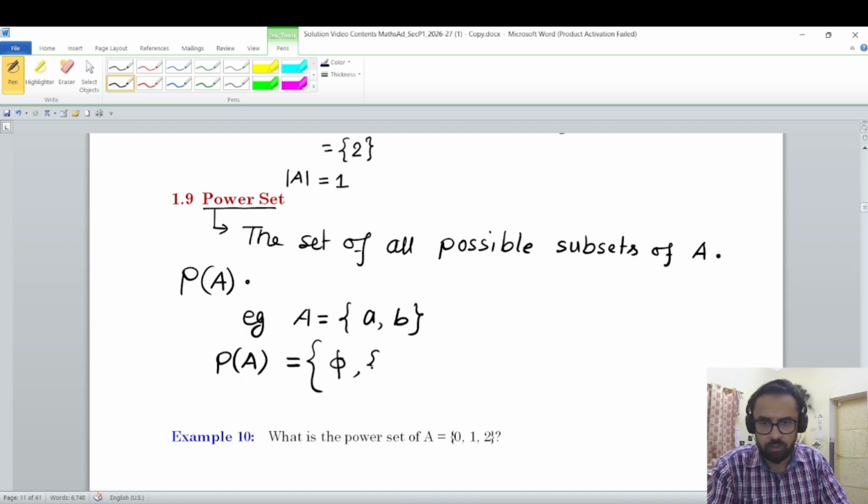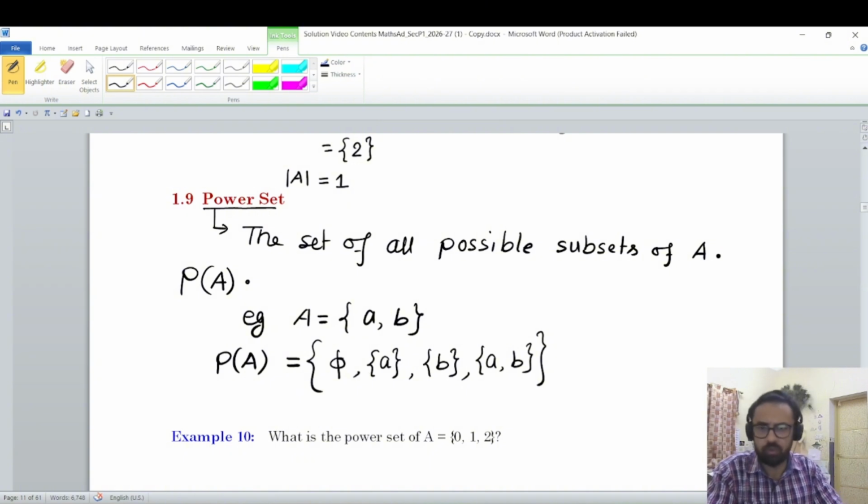After that, you start choosing one element. So first take a, one element in a set inside the power set. Next you take b. So one element choosing finished. Now you go for two elements. So there is only one option, {a, b}. Both the elements a, b together at a time, and that's all. So this is the power set of A.